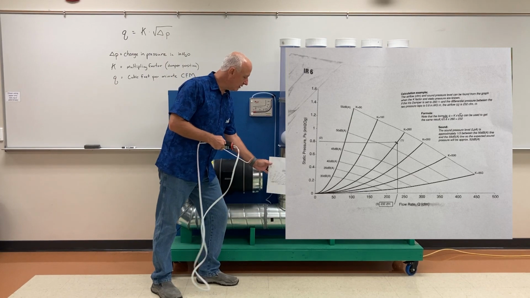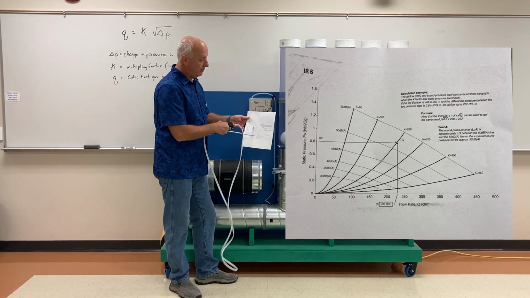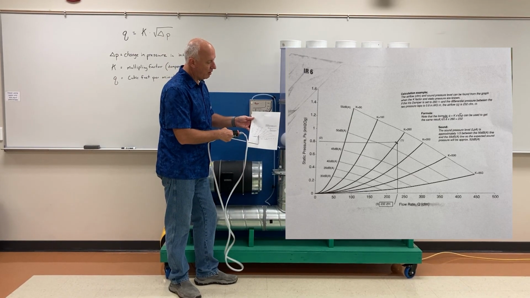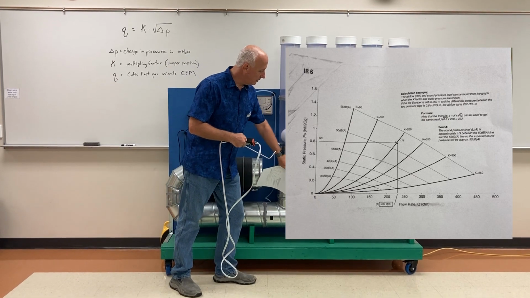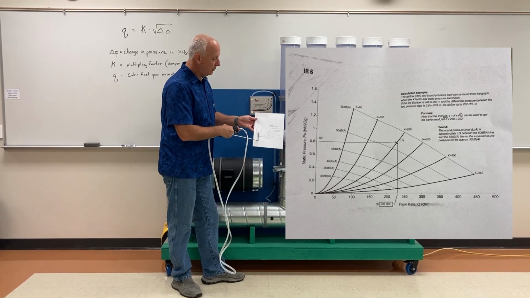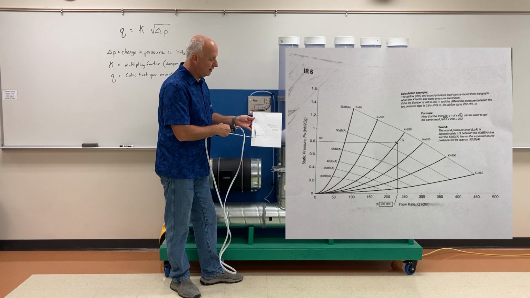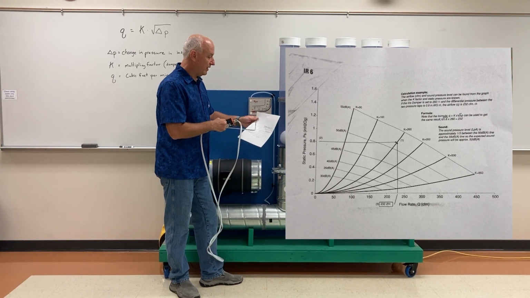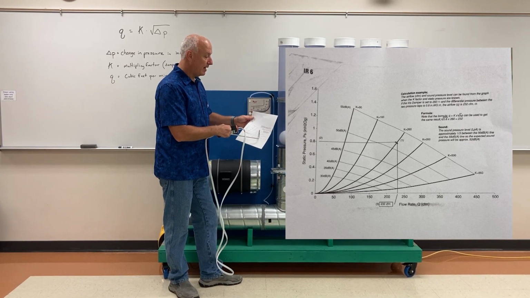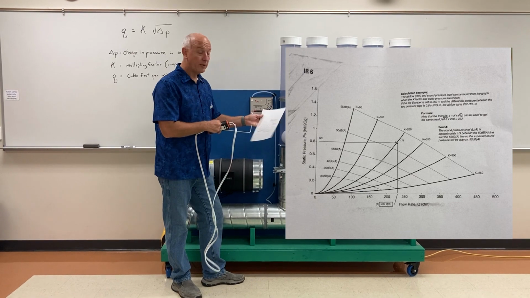The dampers actually come with a chart, a flow chart, that gives you the pressure reading that you take across here, and the curved lines here are the numbers on the damper itself. So you take your reading of, let's say, 0.8, and the damper handle at 350.